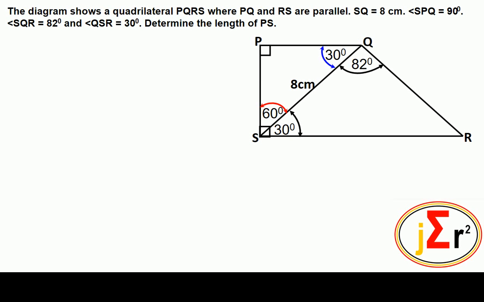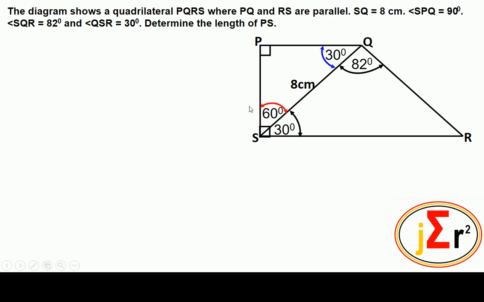Now, we already went through this diagram and we made some calculations in order to include these two angles that we have right here. Therefore, these two angles were determined, and it is our duty now to find the length of PS.